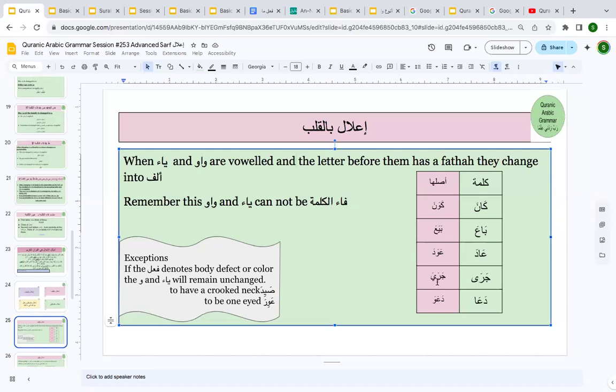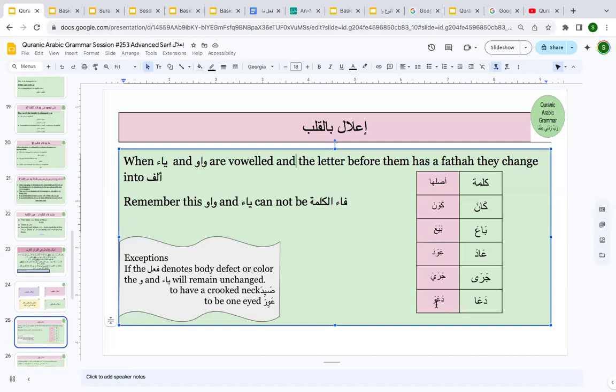Jaraya, again, ya is a weak letter. There is a letter before it that has a fatha. What happened to it? Ya got changed into alif. Jara, yajri. Da'awa got changed into da'a. The waw, which was the original form, and the awa was the original form. And isn't it very tough on the tongue?